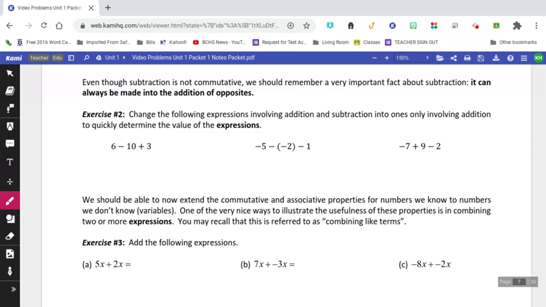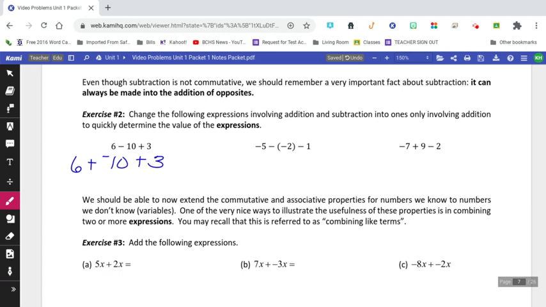So all this is saying is that this first expression, 6 minus 10 plus 3, we can rewrite that as 6 plus negative 10 plus 3. Now, how does that help us? Let's pretend we don't have a calculator. If you think of a number line, we're starting at 6 and now we're adding negative 10.